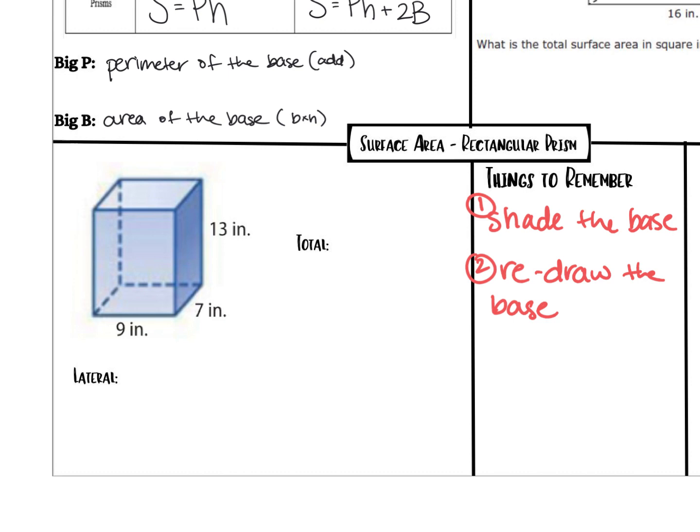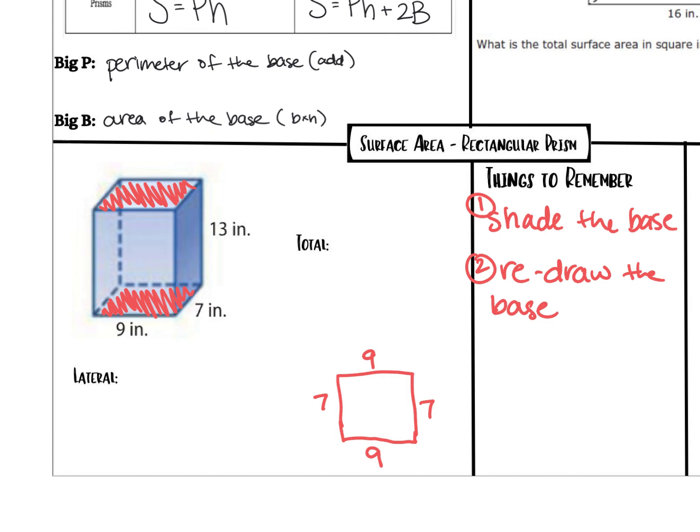So top and bottom, I'll go ahead and shade it in so I know where my bases are. And I'm going to just redraw it here. So I know it's 9, 7, 9, 7.